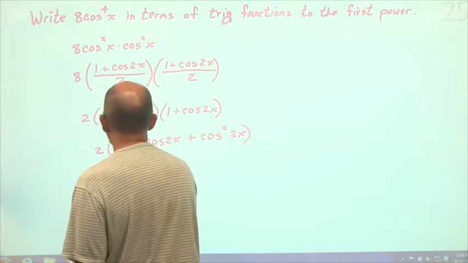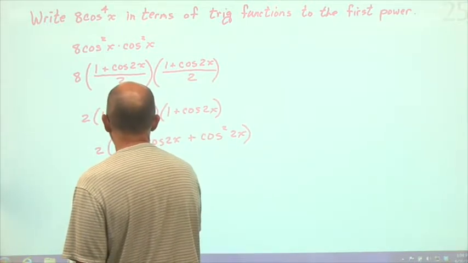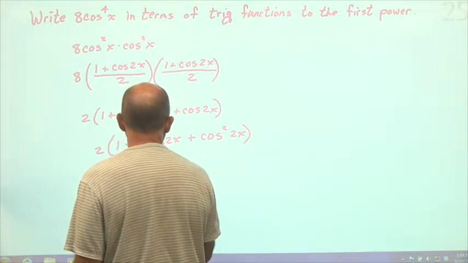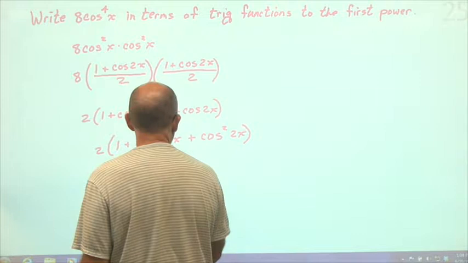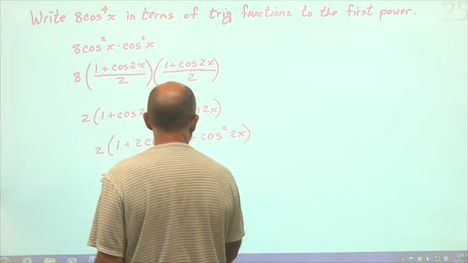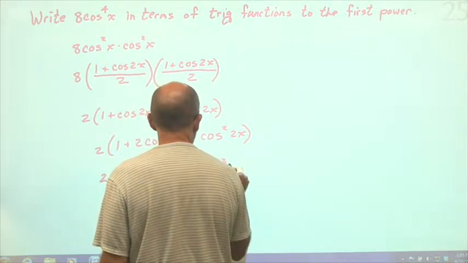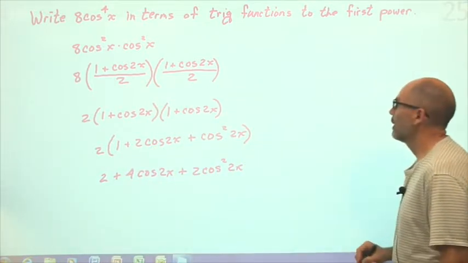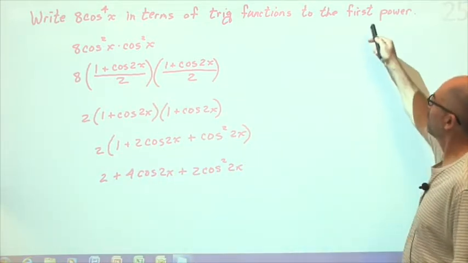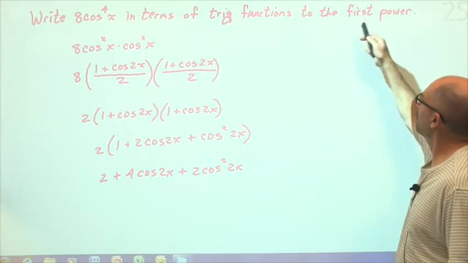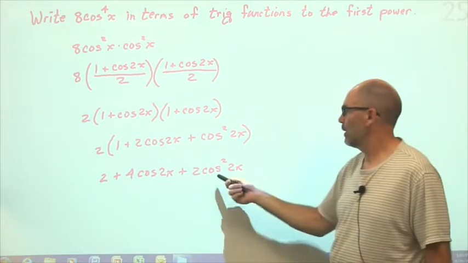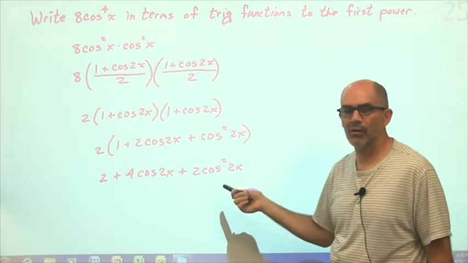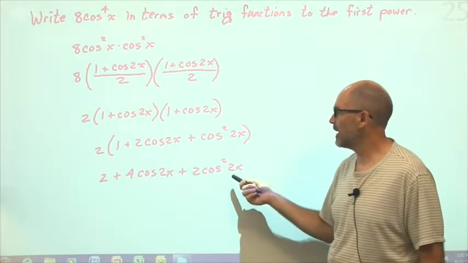So when we distribute this, we've got 2 plus 4 cosine 2x plus 2 cosine squared 2x. All right, now notice the instructions. We need trig functions to the first power. We still have a trig function to the second power. So we need to get rid of it.